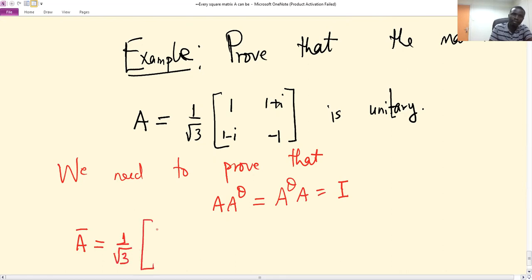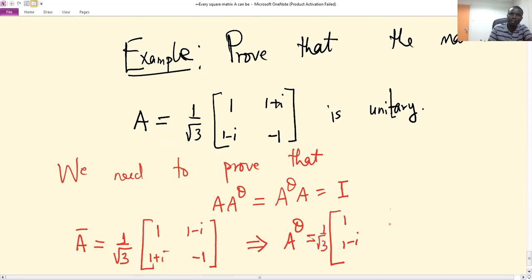The conjugate will be given by 1 minus i, 1 plus i, then minus 1, which implies that A power theta will be the transpose of this, which is 1 minus i, and then over 1/3, 1 plus i, minus 1. So that is the A power theta.